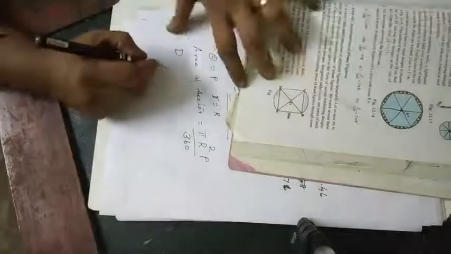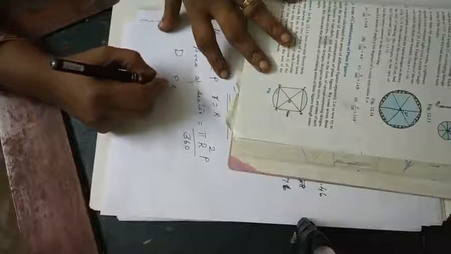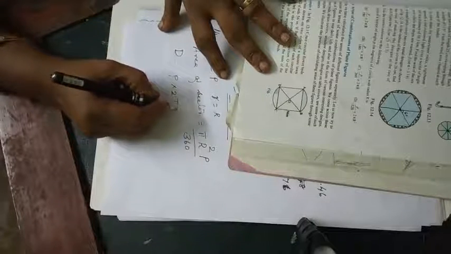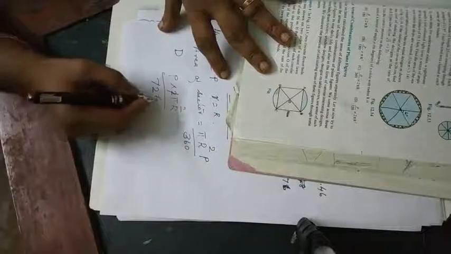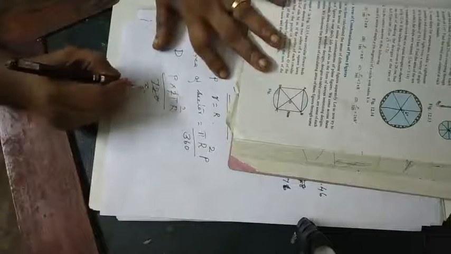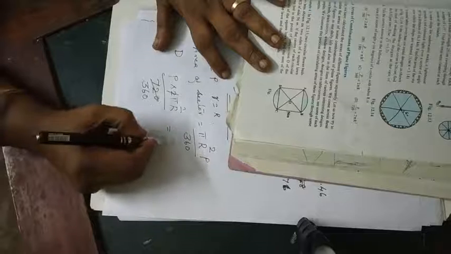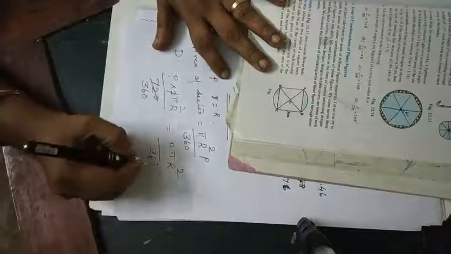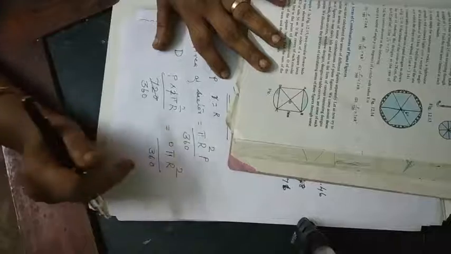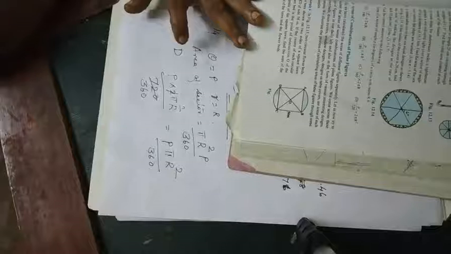Okay, so how it will come? P into 2 pi r square by 720. That 2 and 720 will get cancelled, 360. So P into pi r square by 360, that is what we want. So correct answer is D, option D.